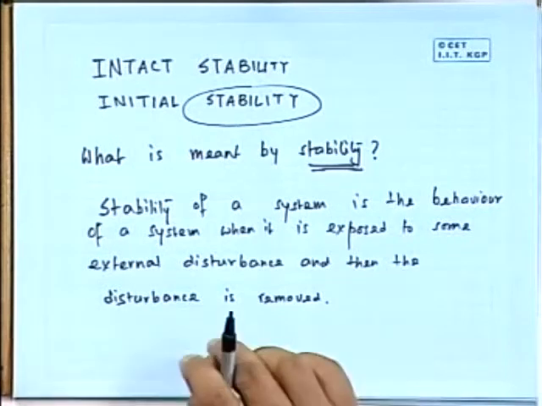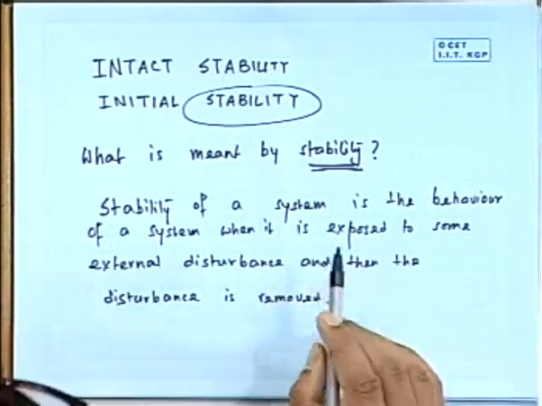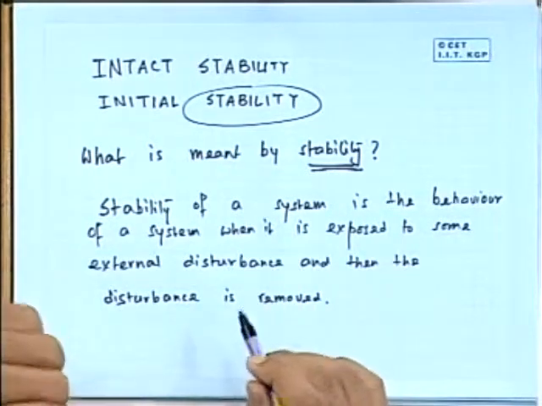So what I wrote down here is that the stability of a system would be defined as how the system would behave if I have given an external disturbance and then removed it.